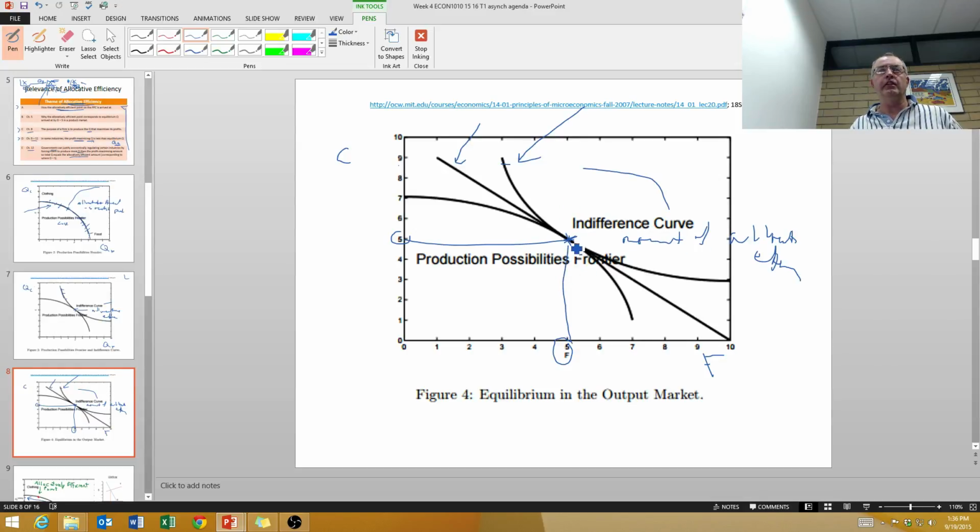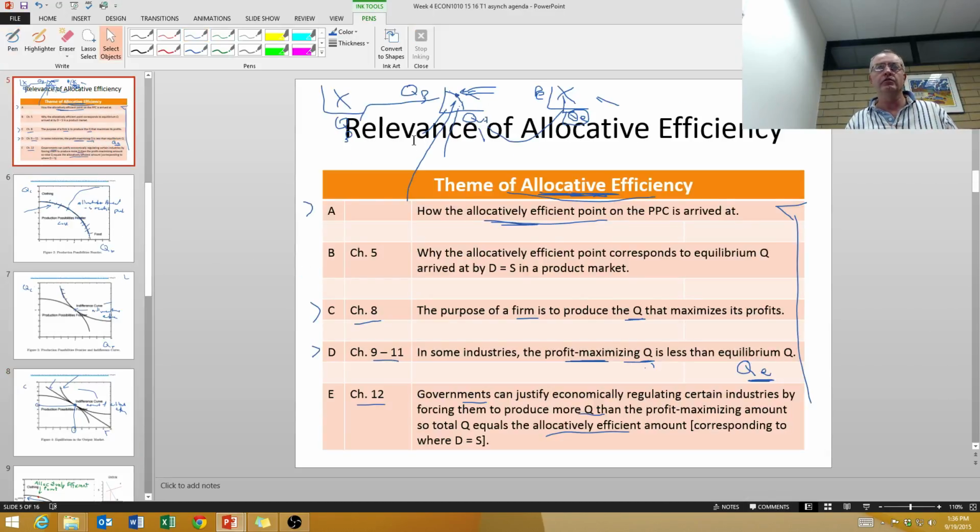Anyways, that's the economic theory about how this point of allocative efficiency is arrived at. It's the economy spending all of its income on the two products based on its preferences and based on the prices of the goods.